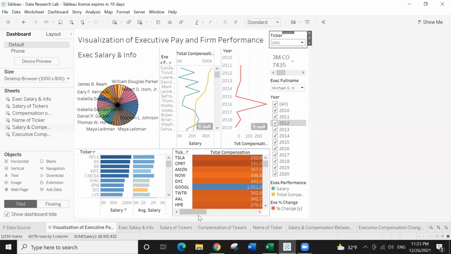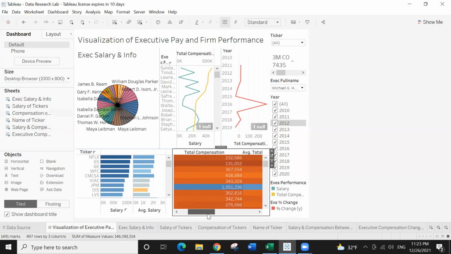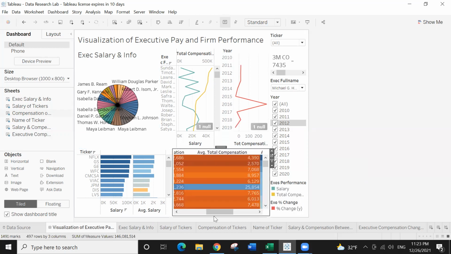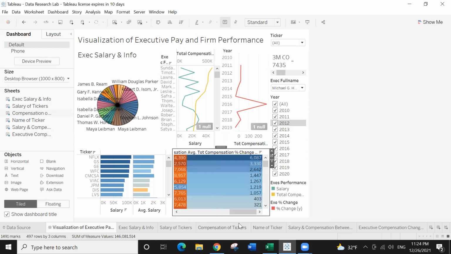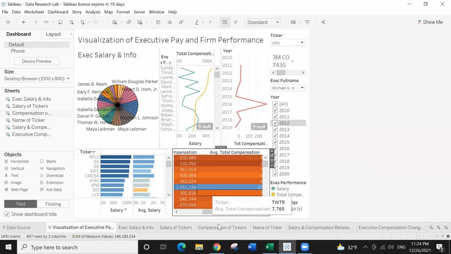So for the heat map here, we could see the total compensation, average total compensation, and also the average total compensation percentage change. It's very interesting to see that the trend of the total compensation and percentage is not the same. Just like the bar chart, blue means higher value across all companies, and orange means lower.